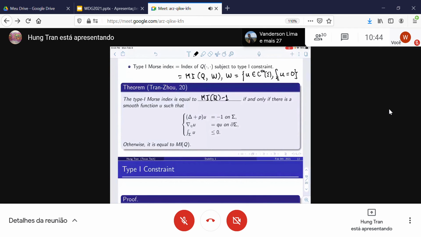And otherwise it is equal to MI(Q). So the merit of this theorem is that it reduces the geometrical problem into a PDE problem, and we have a lot of PDE theory that we can use to get some information on that PDE problem.